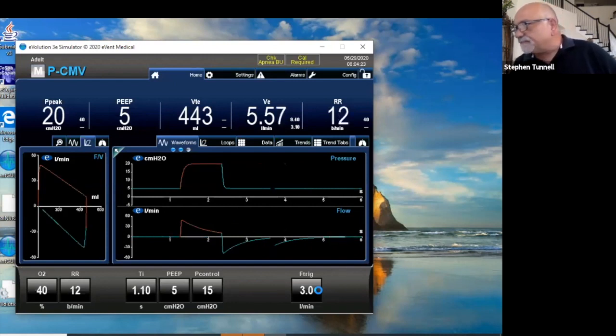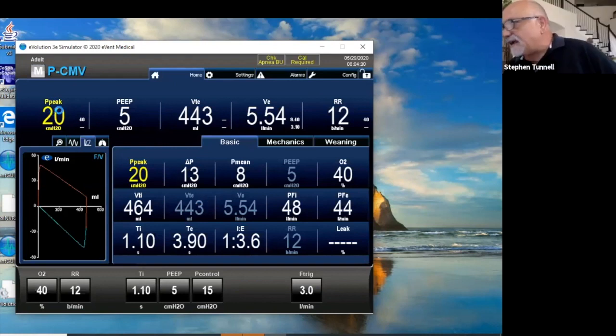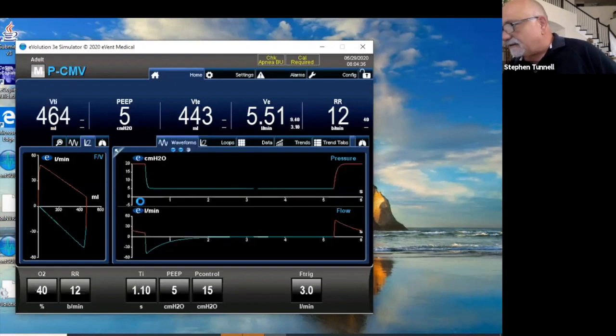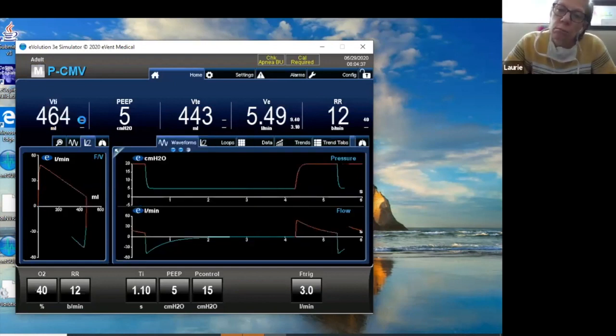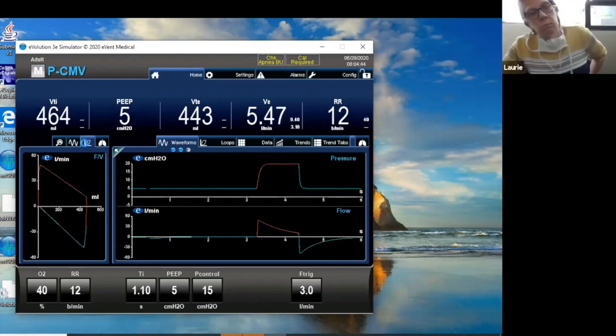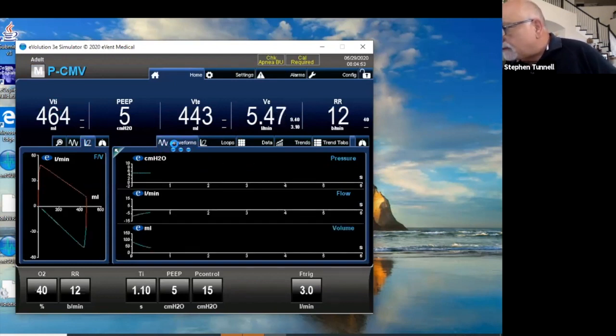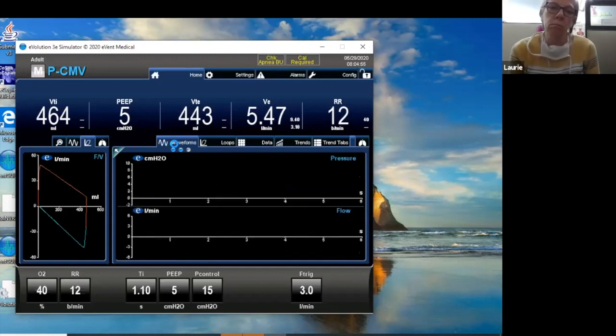And the neat thing here is they can actually touch this part of the screen. If they say, hey, I don't want to have peak pressure, my other ventilator shows me tidal volume, then you can put that up there. So they can configure what they want to watch according to their hospital protocol, or according to the disease state, or according to what Dr. Joe wants. So it's very flexible. You can look at one waveform, you go 3, 1, 2, 3.